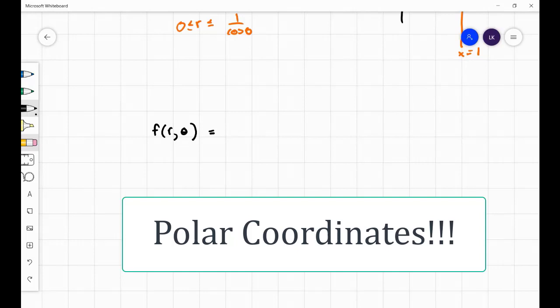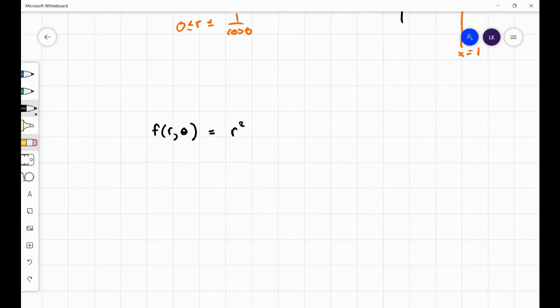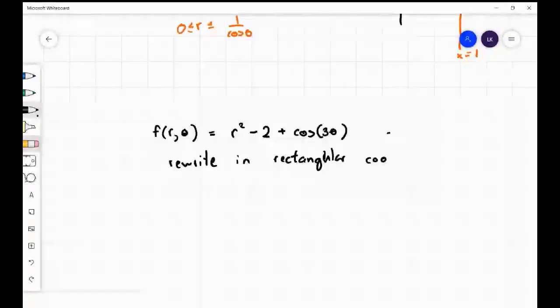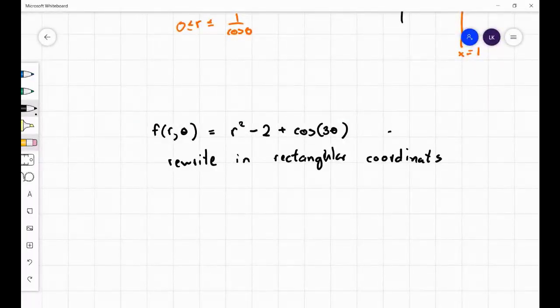And it's something like r squared minus 2 plus, let's say, cosine of 3 theta, right? And you're supposed to rewrite this equation, or we write this function as a function of x y, so we write this expression in rectangular coordinates.